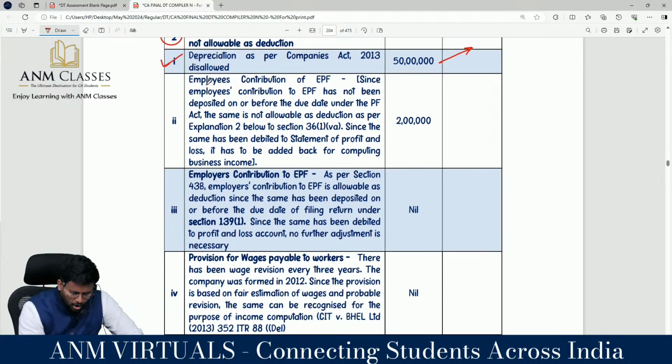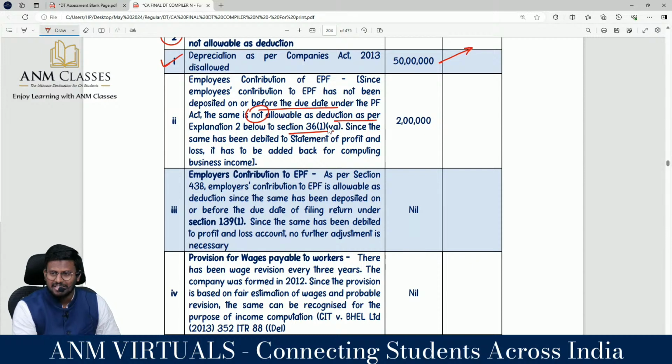Now, since the employee's contribution to EPF has not been deposited on or before the due date under the respective Act, the same is not allowable as deduction as per Explanation 2 to section 36(1)(va). Section 36(1)(iv), (iva), (v) are all employer's contributions, whereas clause (va) is the employee's contribution.